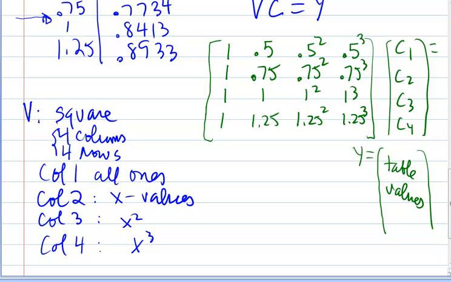It's square, it's invertible, and the solution to my matrix equation, once again, is C equals V inverse times y. So I'm going to go into Matlab and type in V, type in y, and get my 4 coefficients.